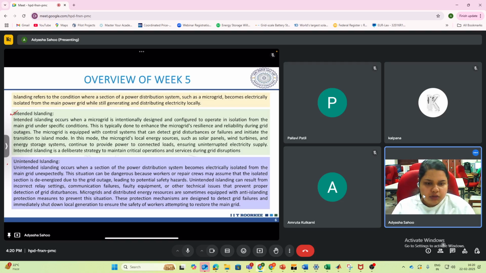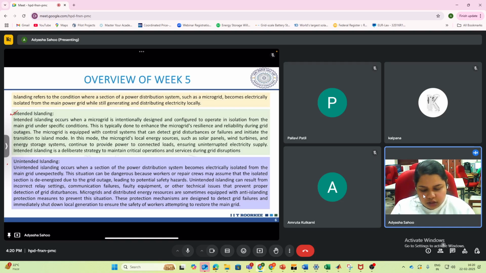It is the healthy part of the system. So it will cut itself off from the faulty part of the system. That way, we can see the reliability or the resiliency of the microgrid will increase because the loads will get continuous power supply from the distributed generation installed within the microgrid.